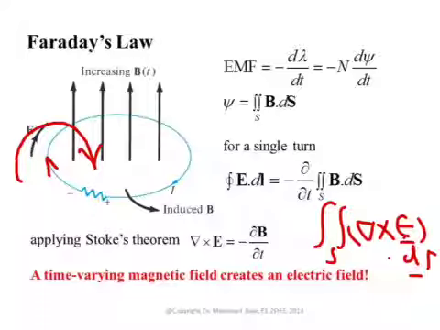So before, in the statics case, we knew that curl E is equal to 0. Now we know that in the time varying case, the electric field lines can be closed lines because they are created by the rate of change of the magnetic field. They are not only created by charges anymore. Curl E is equal to minus partial B partial t.